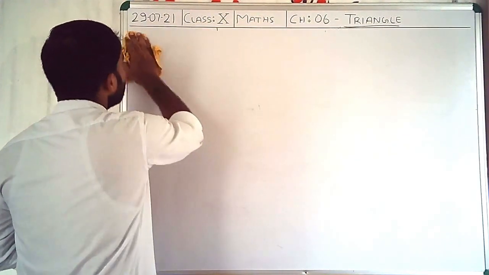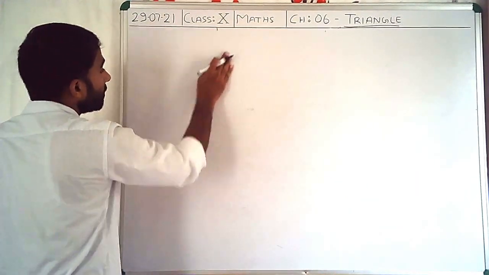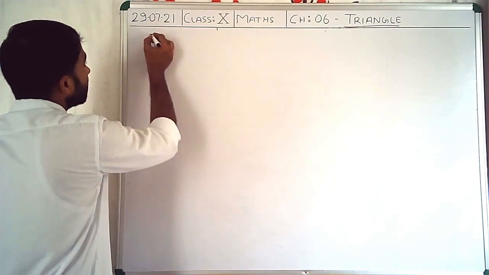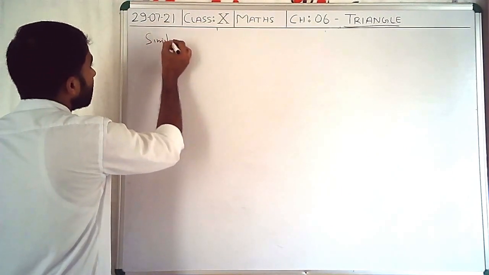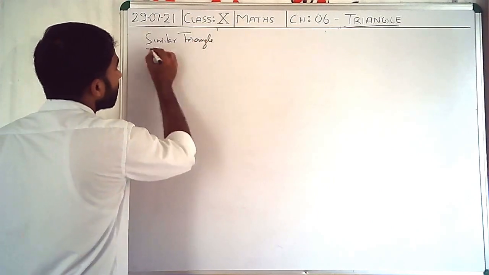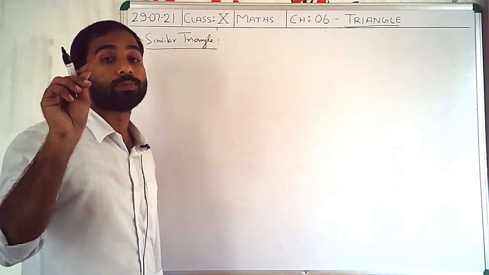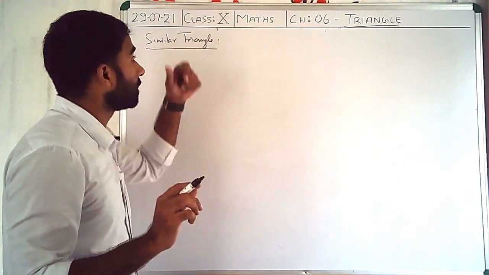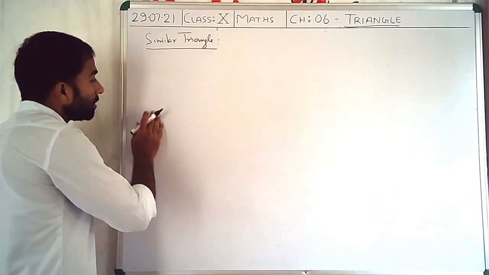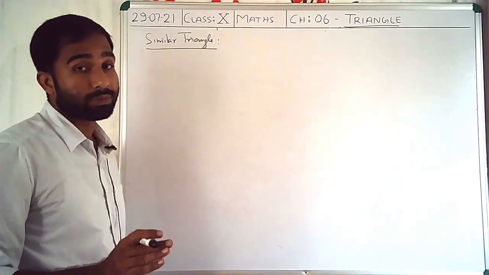Now next question is, what is a similar triangle? Now here we are going to discuss a specific plane figure, the triangle. So how can you distinguish and decide that the given pair of triangles are similar?